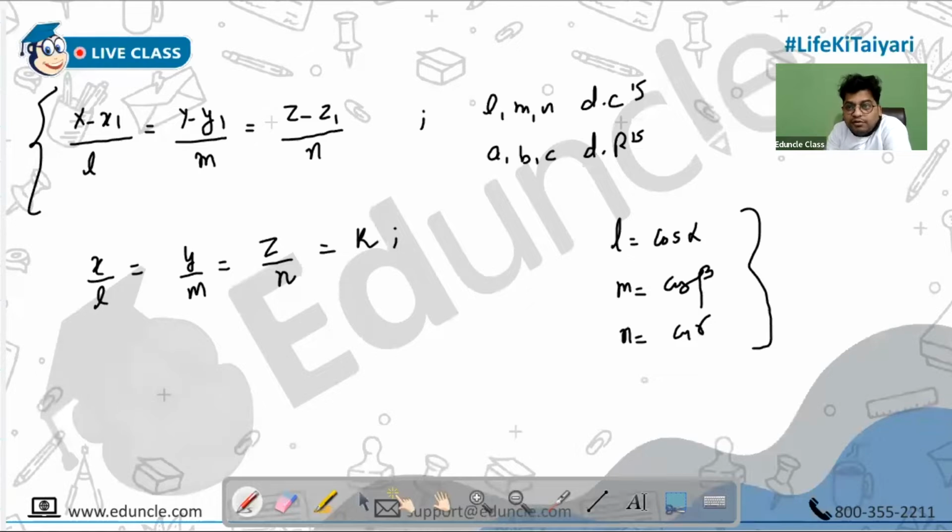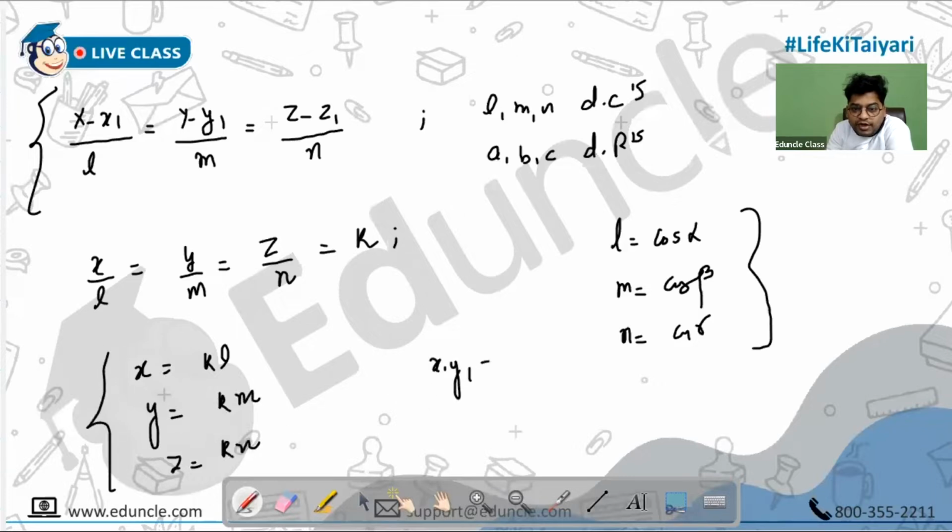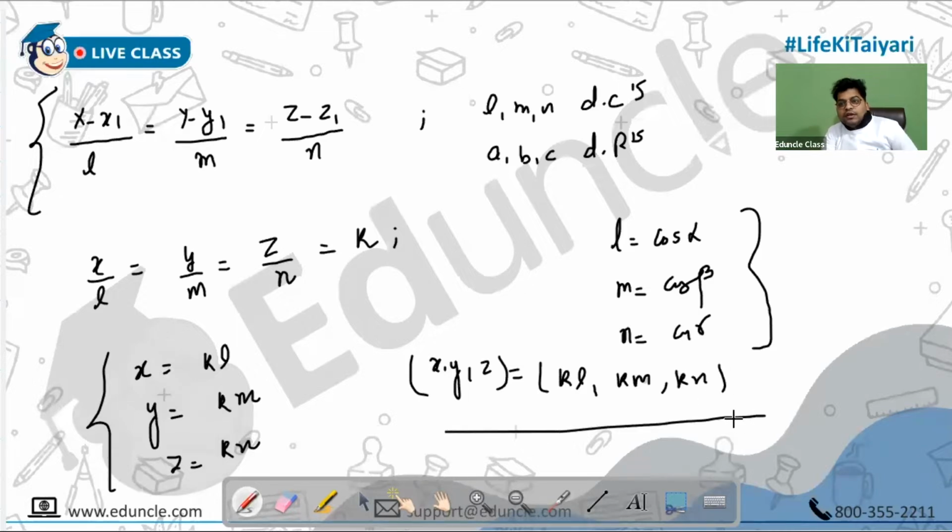So the point which is on the line is x equal to kl, y equal to km, and z equal to kn. This is a point on the line. This is the general point, the generalization of (kl, km, kn).